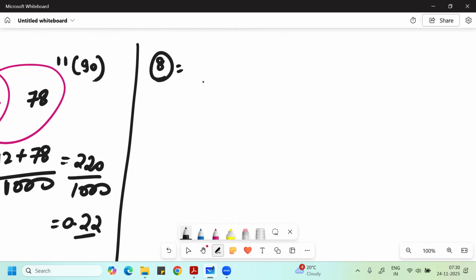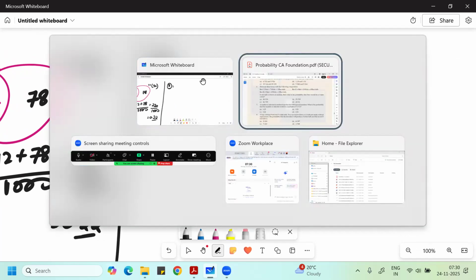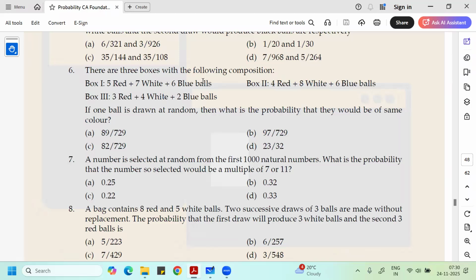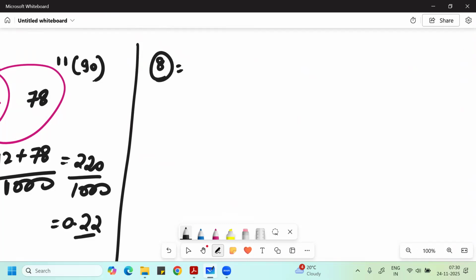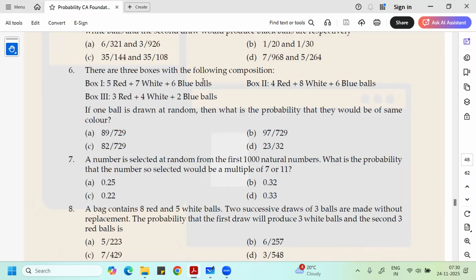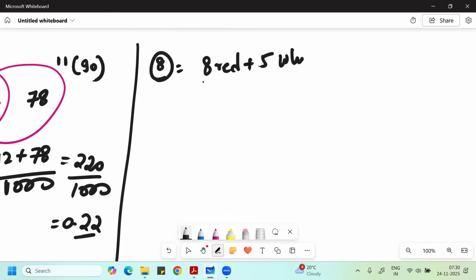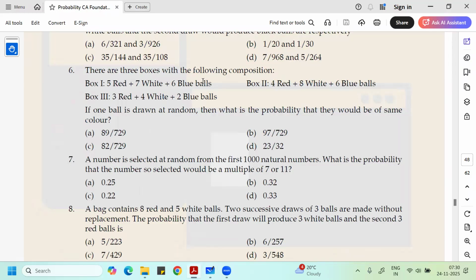Fine. Question number 8. A bag contains 8 red and 5 white balls.